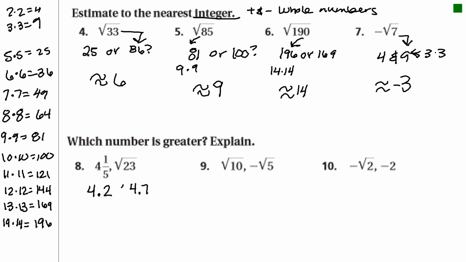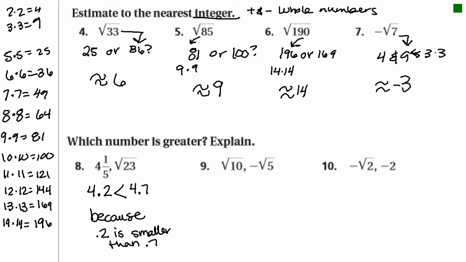So which one is bigger? 4.7, because obviously 0.7 is bigger than 0.2. Great.